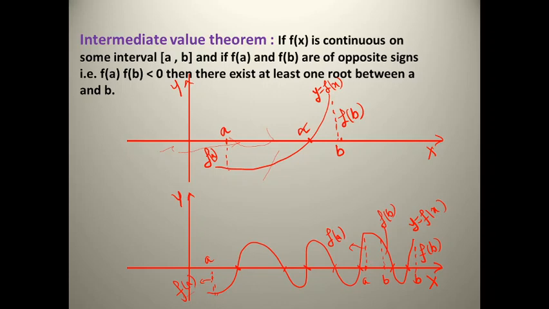Now say for example, another possibility: I am taking A here, and here I am taking the point B. Again you can see the distance of the point on the curve from the x-axis, this is f of B, whereas here it is f of A. You can find they are of opposite sign, so the curve intersects the x-axis at this point, so there is one root.